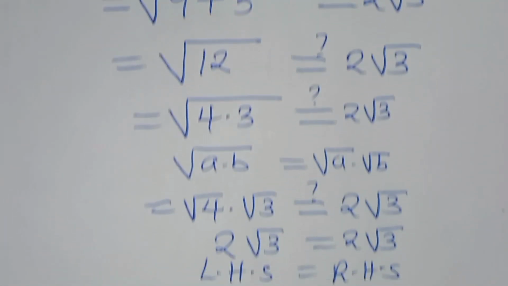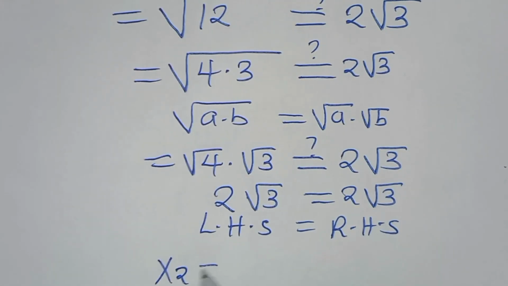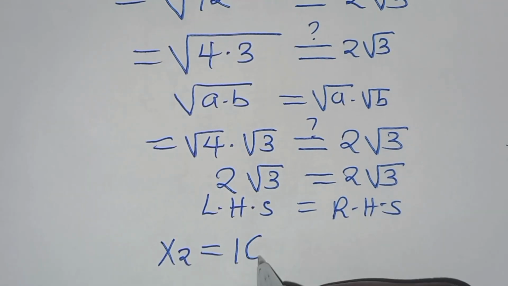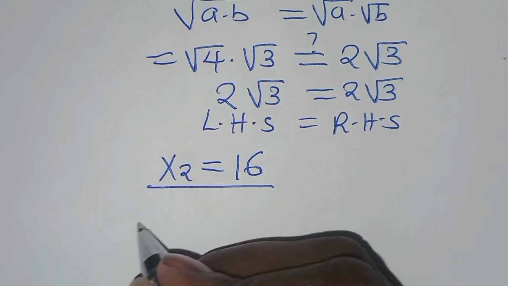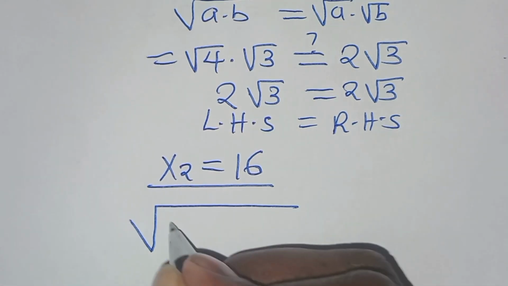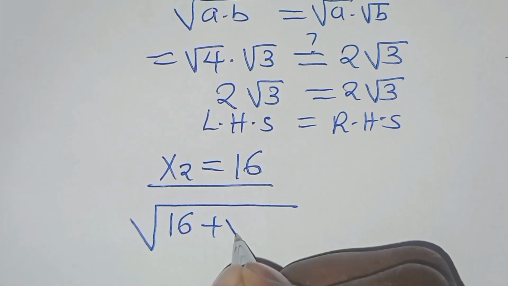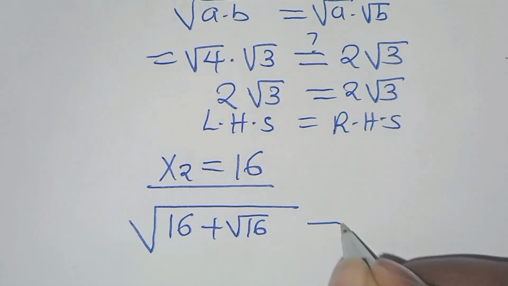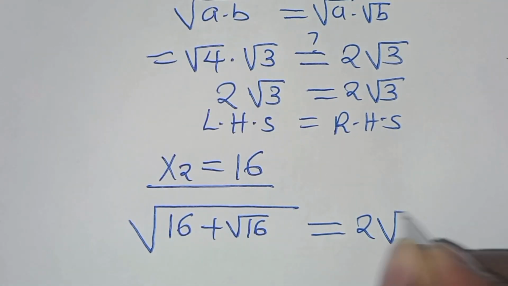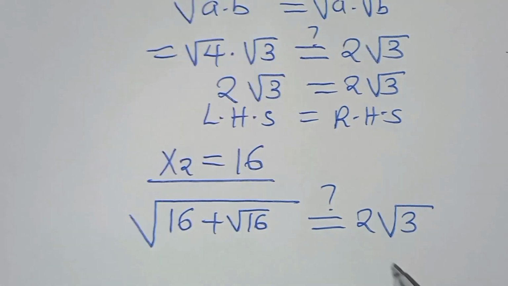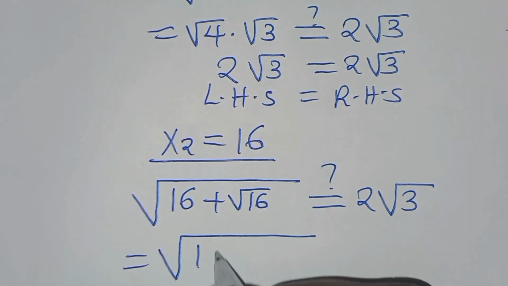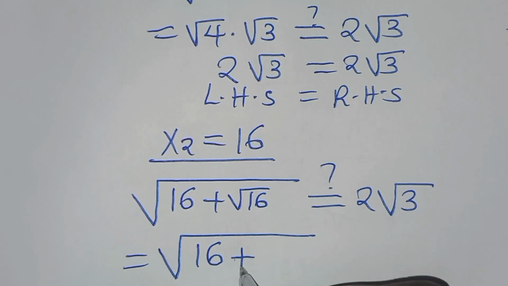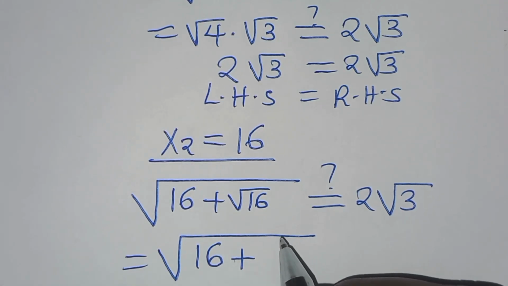So let's check x2 from here, which is equal to 16. So this implies that here we have the square root of 16 plus square root of 16 here. This is supposed to give us a value of 2 square root of 3. So from here, we have the square root of 16 plus the square root of 16.